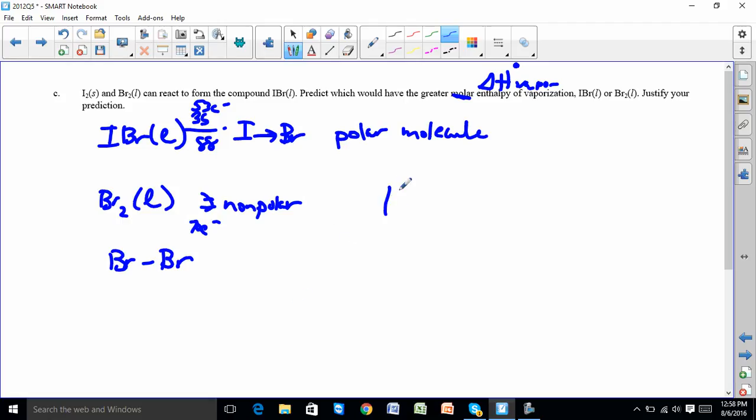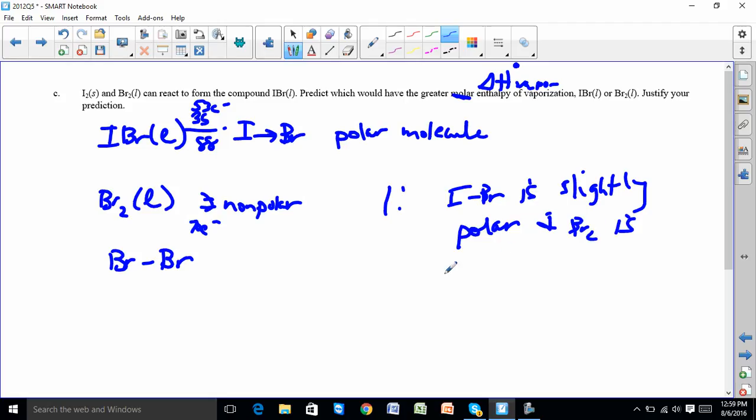So answer 1: IBr is slightly polar. We don't even know that, because remember, it has to be greater than 0.3. But if you say that and you think it's polar, then they understand that you understand London dispersion forces, and Br2 is nonpolar.